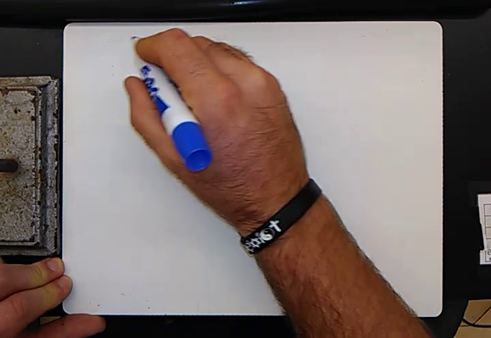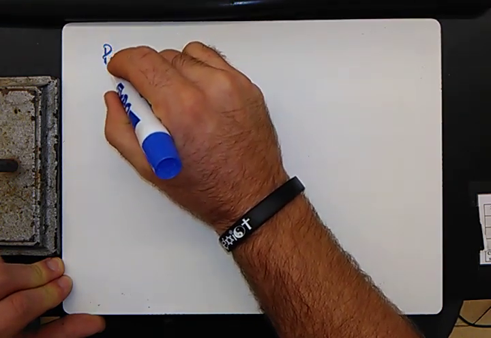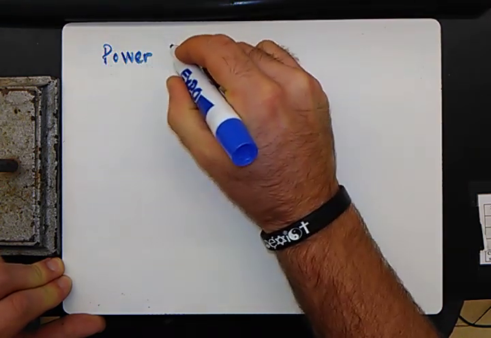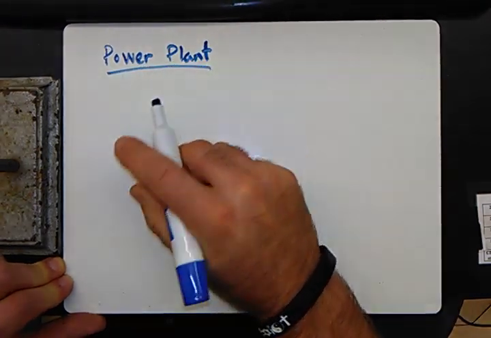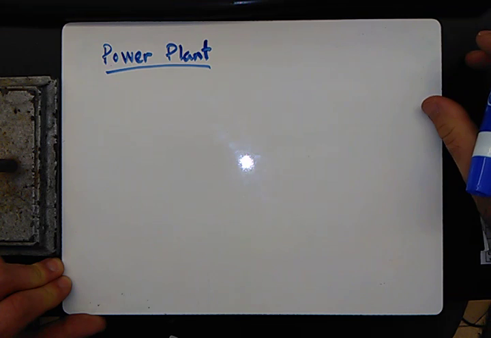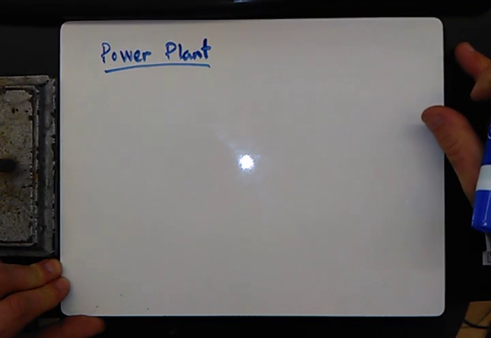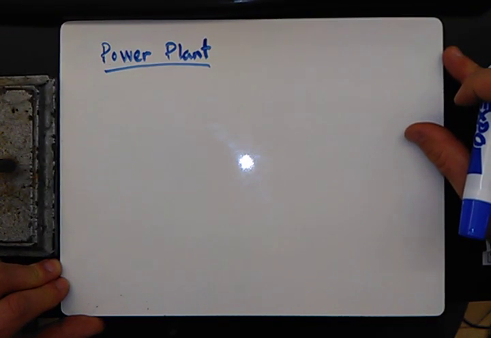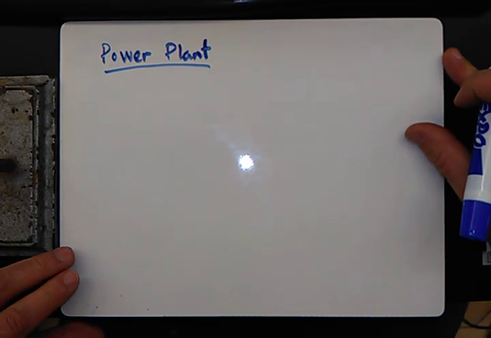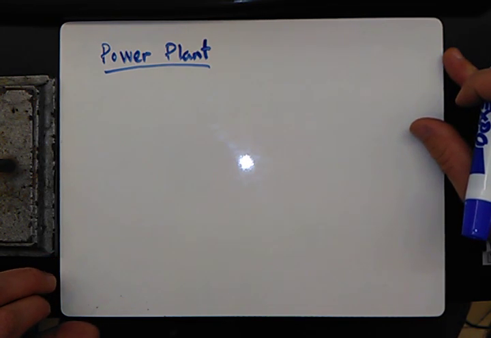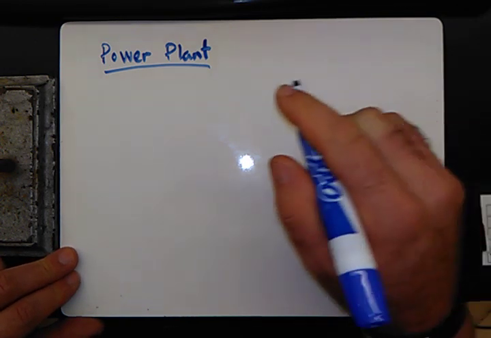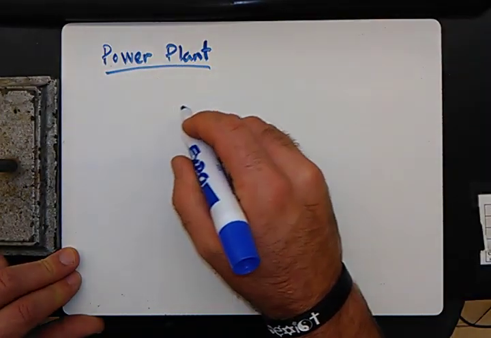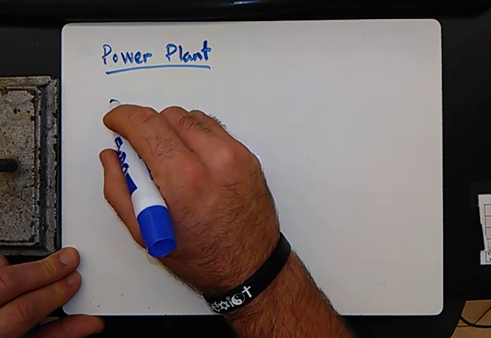Now, here's how it happens with a power plant. In a power plant, we can burn or fuse different fuels, and if we think of a power plant, it's very, very simple.